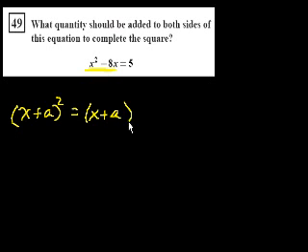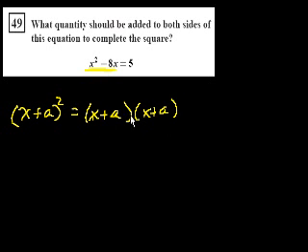Next problem, 49. What quantity should be added to both sides of this equation to complete the square? So when you complete the square, you want whatever is on the left-hand side to look like a perfect square. And what do I mean by a perfect square? If I had x plus a squared, that's equal to x plus a times x plus a.